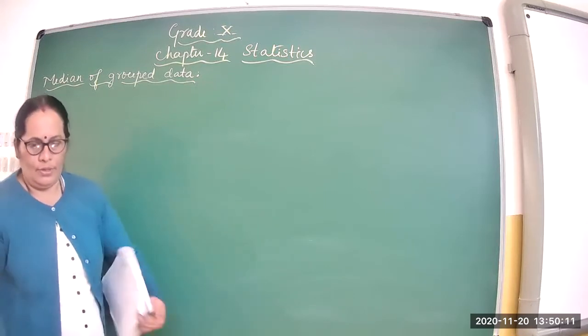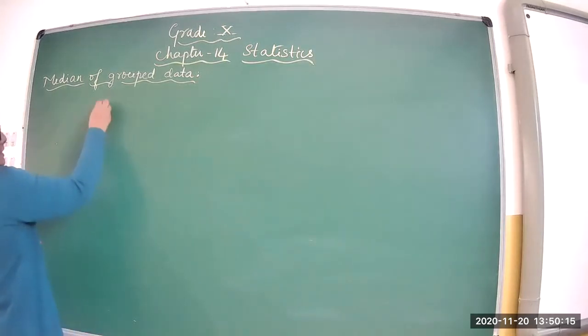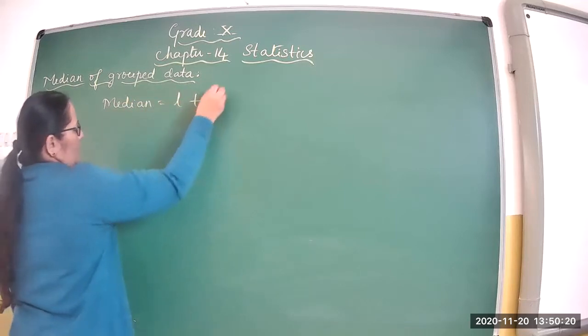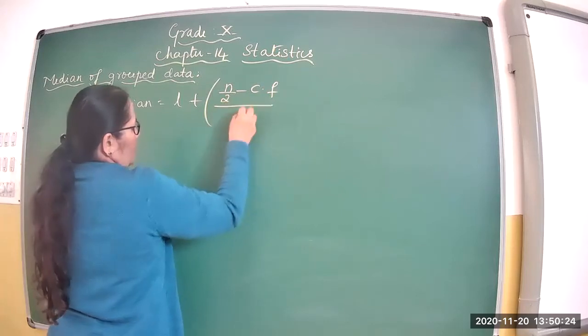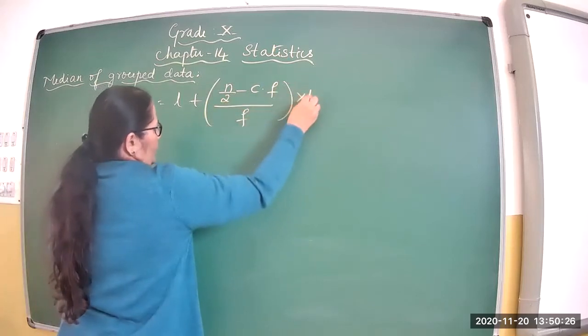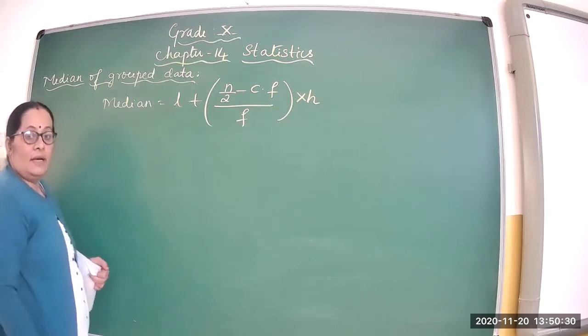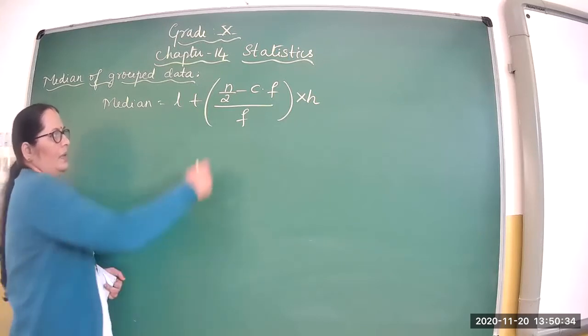Then you have to use the formula to find median. That is, median equals L plus (n by 2 minus Cf) upon f into h. What is this L? L is the lower limit of the median class.